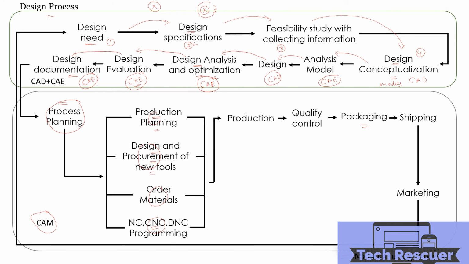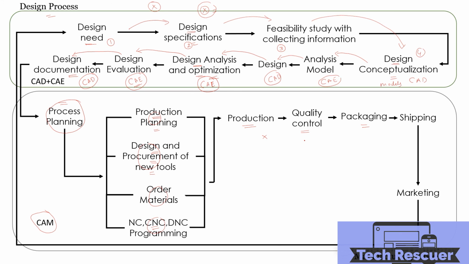And once this particular process planning stage is completed, then the next thing is the direct production. And once this production is done, the products will go through quality control. In this stage, we will see whether the product that we produced physically is able to meet our quality standards or not.